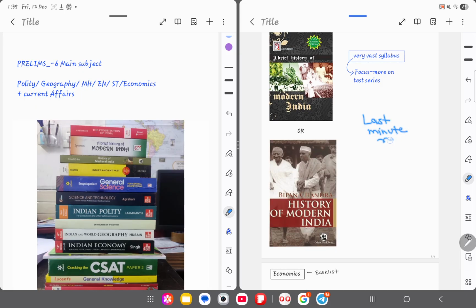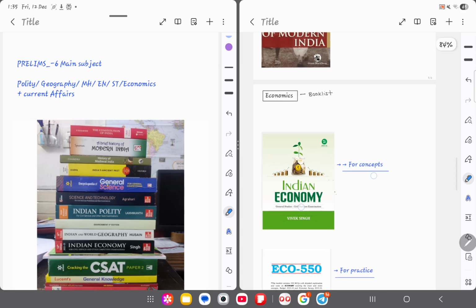Either choose one of them and try to make your own notes for modern history, because at the last moment you are not able to revise this vast book within 2 days or 1 day. So it is expected that you make your own notes on either of these two books.